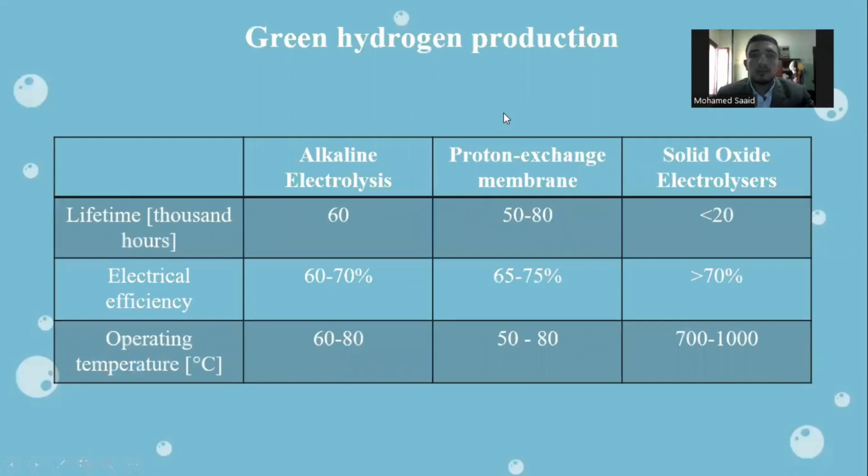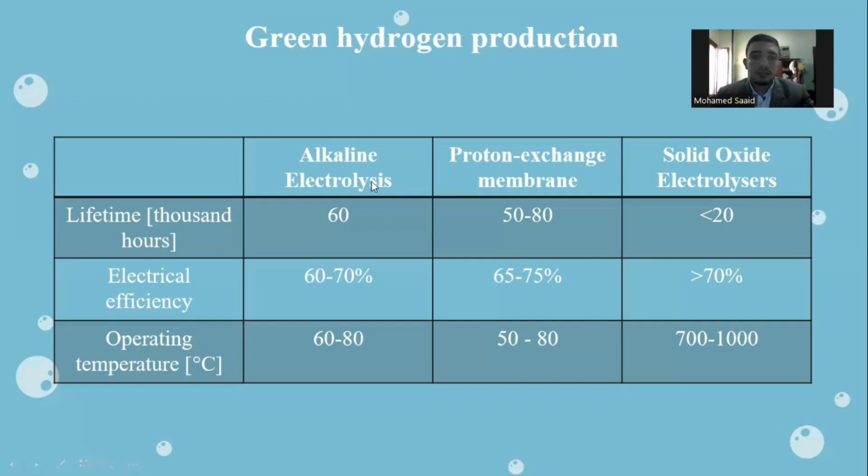Here is a comparison of types of electrolyzer. For an alkaline electrolyzer, its lifetime is 60,000 hours. Proton exchange is between 50,000 and 80,000 hours. Solid oxide is less than 20,000 hours.